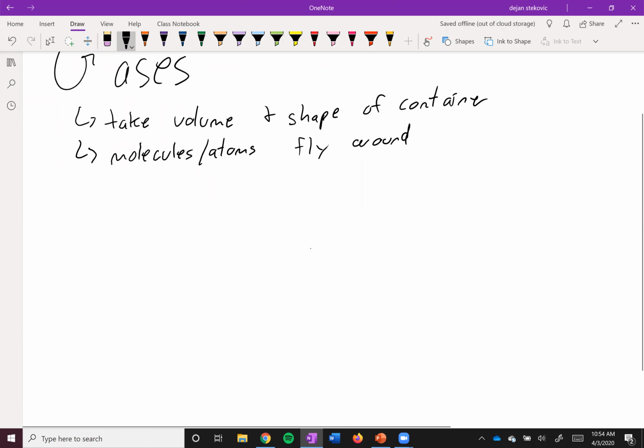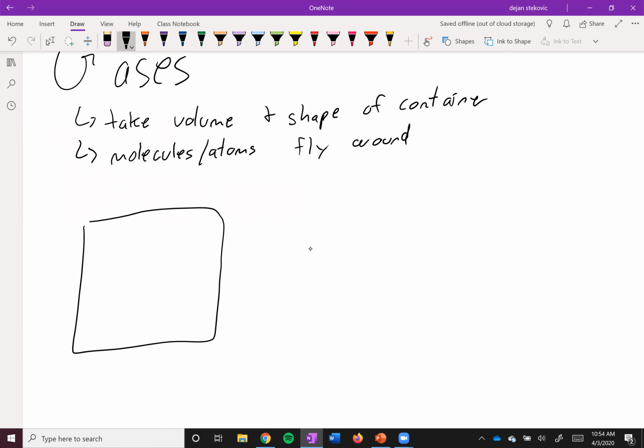Fly around, right? So if you think about what the molecular picture looks like, this square will be our container, and then we've just got gas molecules whizzing about. Sometimes they'll hit each other, sometimes they'll hit the walls of the container. One thing to remember is that these molecules are really far apart.